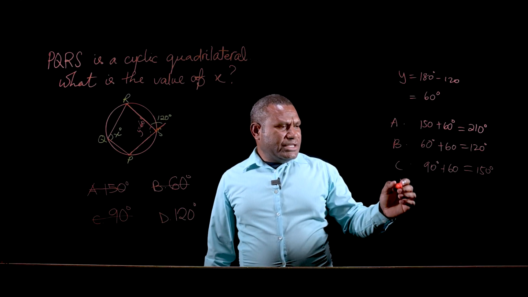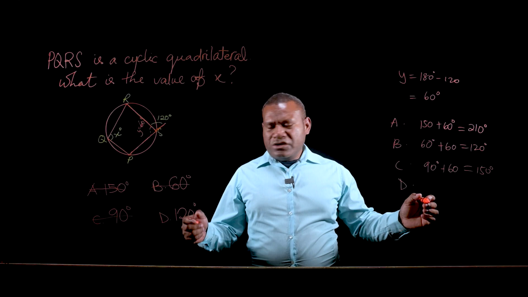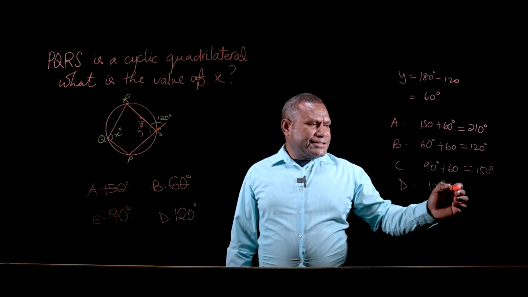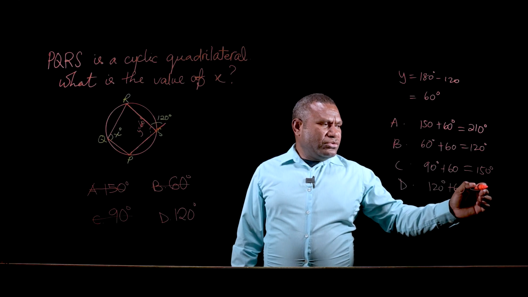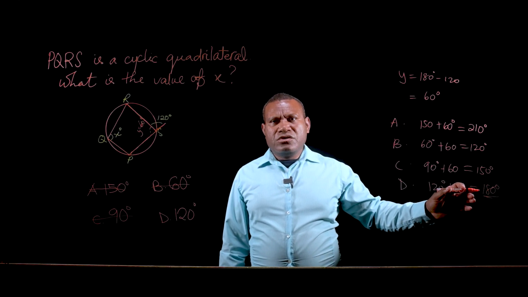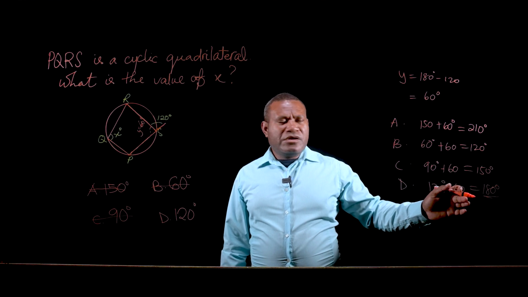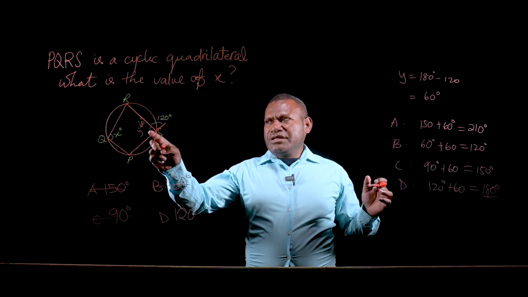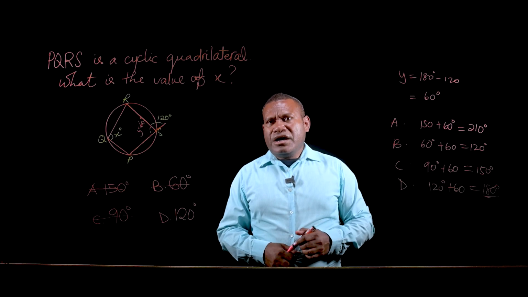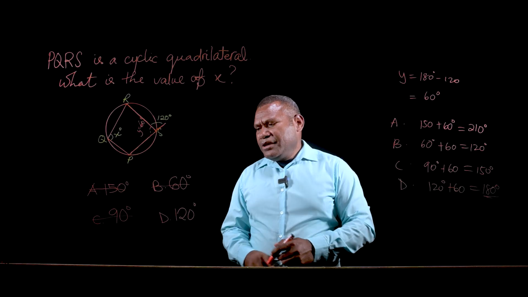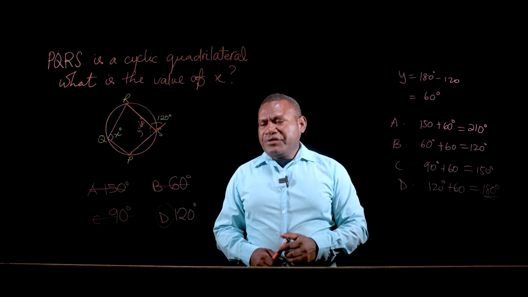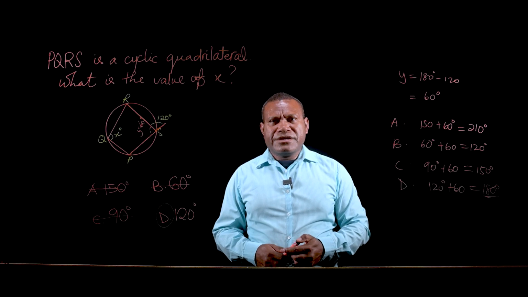Now let's test the final choice here. 120 degrees plus 60 degrees is equal to 180 degrees. Now we have found what we are looking for, meaning if you add this angle with this angle, it must give you 180 degrees. Therefore, we have established 120 to be our correct answer.